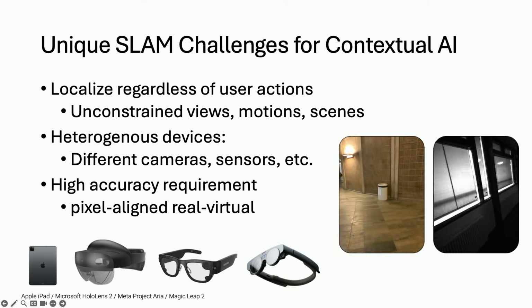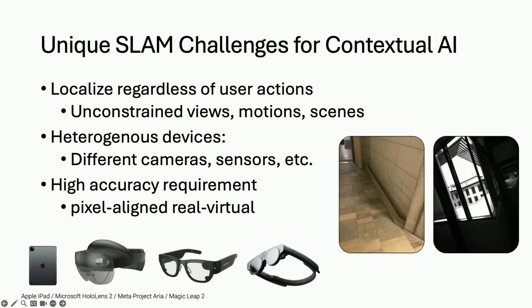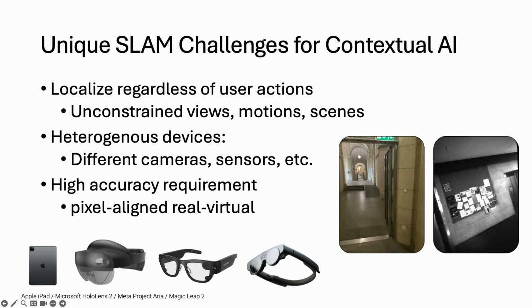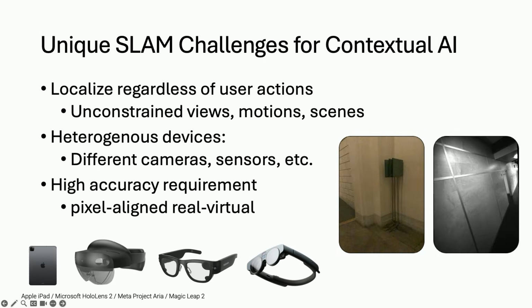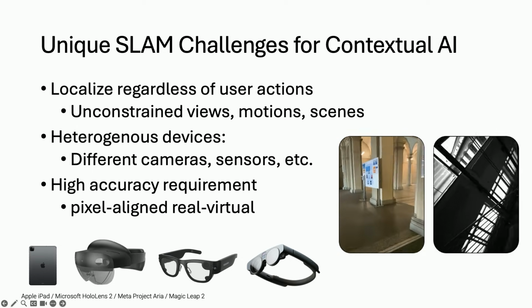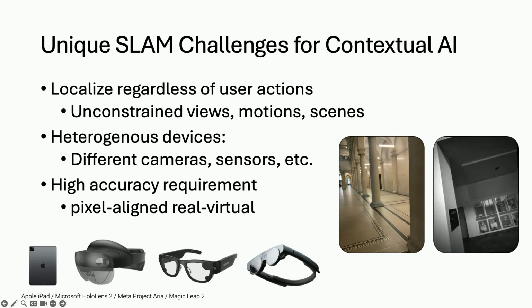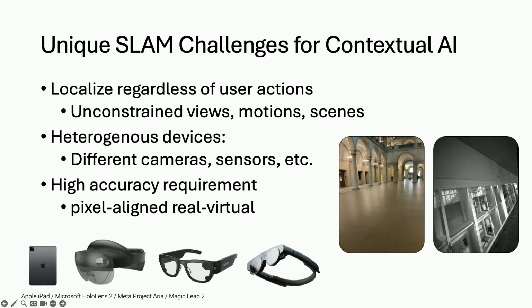Overall, SLAM in contextual AI means robust localization under any motion across any device, with fine enough precision to seamlessly blend the real and the virtual world together, such that we can do a lot of subsequent applications on top of it.